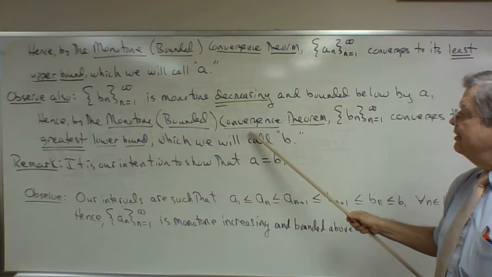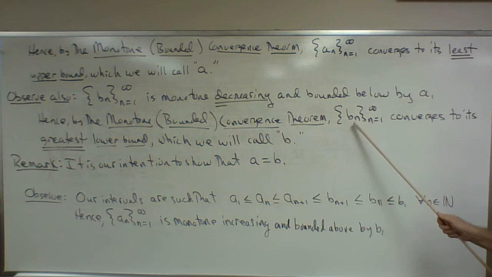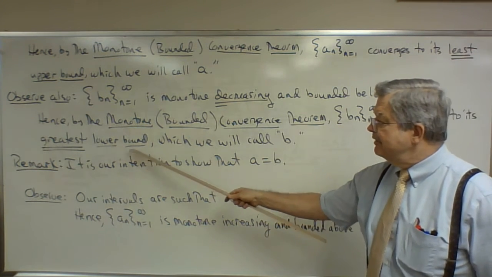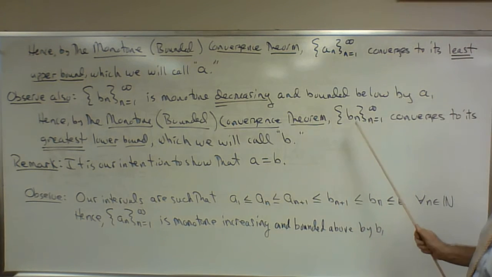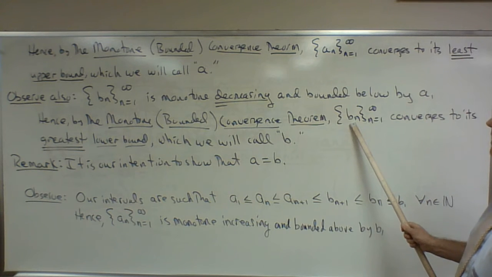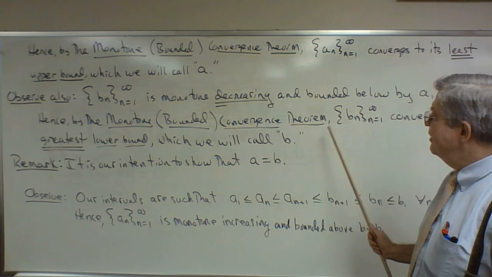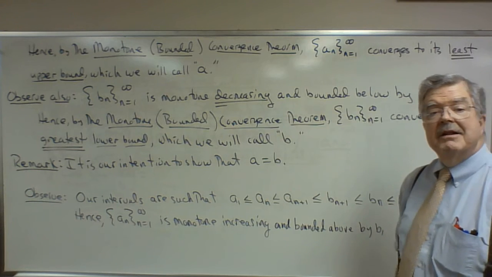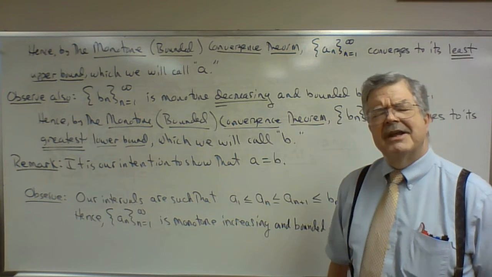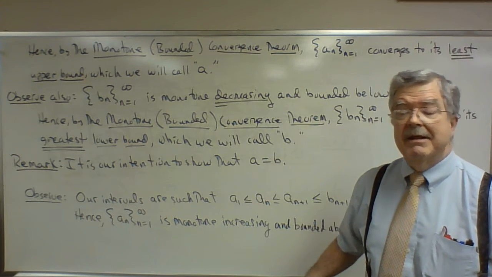So by the monotone convergence theorem, or the bounded convergence theorem, this sequence of right endpoints converges to its greatest lower bound, and we're going to call that greatest lower bound B. So this sequence of right endpoints converges to the greatest lower bound of this sequence that we're going to call B. And let's see, I was going to say I'll let the cat out of the bag, but I'm going to let one of the cats out of the bag.